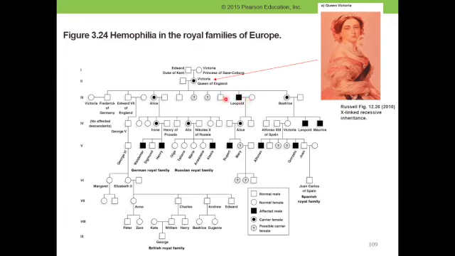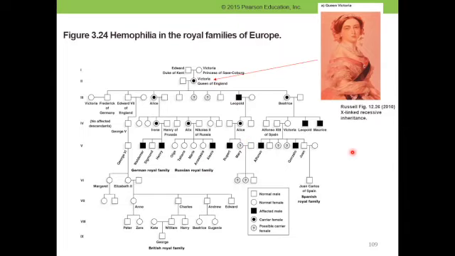Their son inherited hemophilia from her. So she is a carrier, but then she passed the X little h allele to her son. And then also you can see that there were so many other males in this pedigree who were affected or who had hemophilia, and this new mutation was passed from Queen Victoria to her descendants.